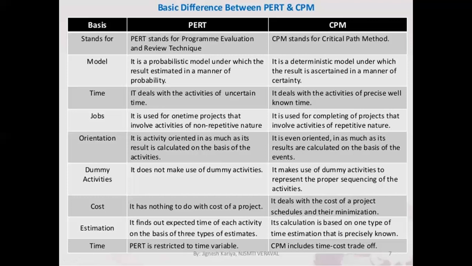Precisely known means whenever you know the exact time duration, that time duration is considered in the calculation of the CPM method. And coming to time, the next and last parameter, PERT is restricted to the time variable, whereas CPM includes time-cost trade-off.